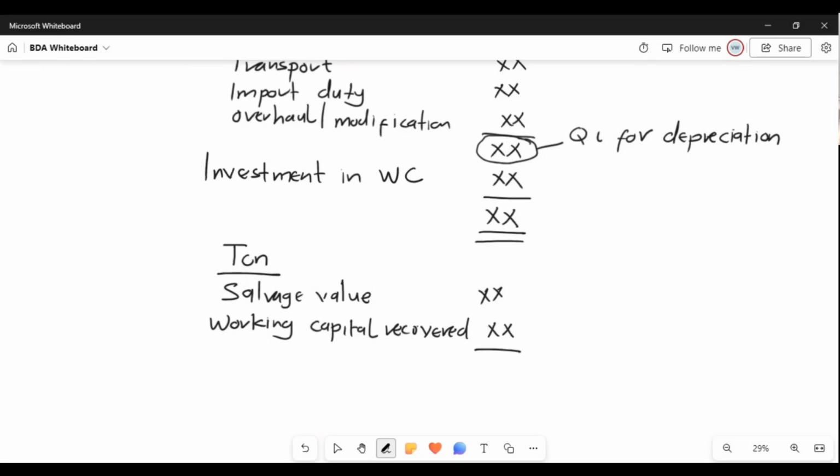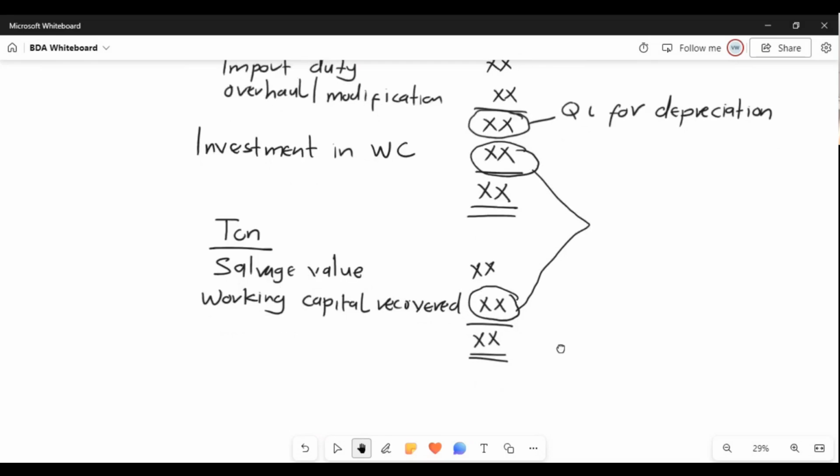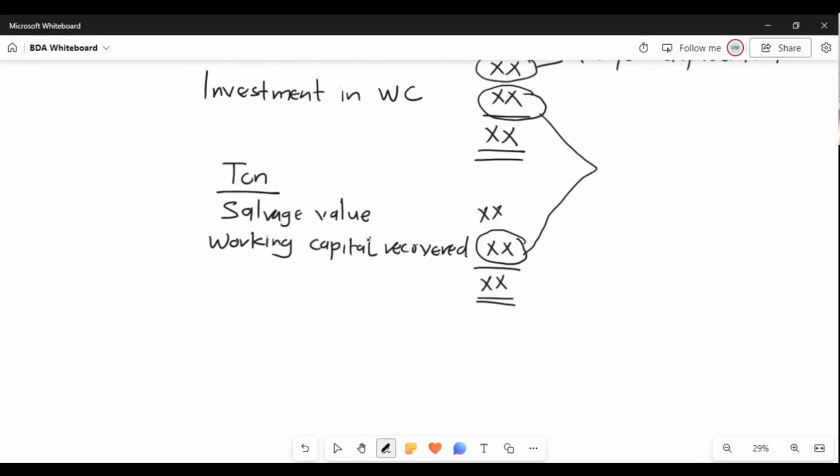So if I take the salvage value plus the working capital recovered, that will give me the terminal cash flow. So the working capital to be recovered is this exact working capital that was invested. So this investment is what is always being recovered. So that if there was no investment in working capital made, then there'll be no working capital to be recovered. That is how you get the terminal cash flow. Another thing is that sometimes you may be given this salvage value, but it may have different names.